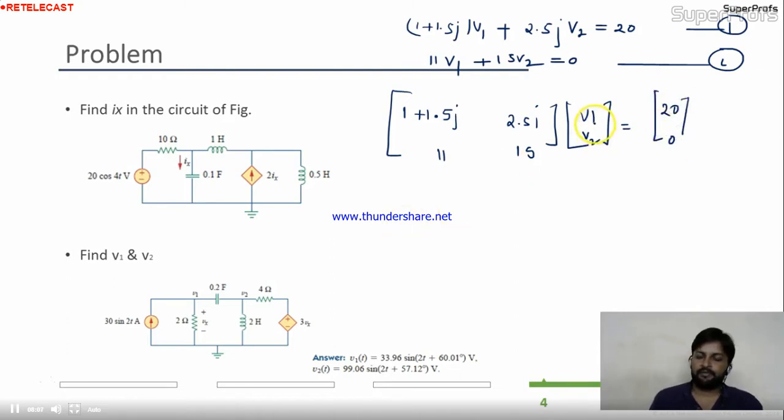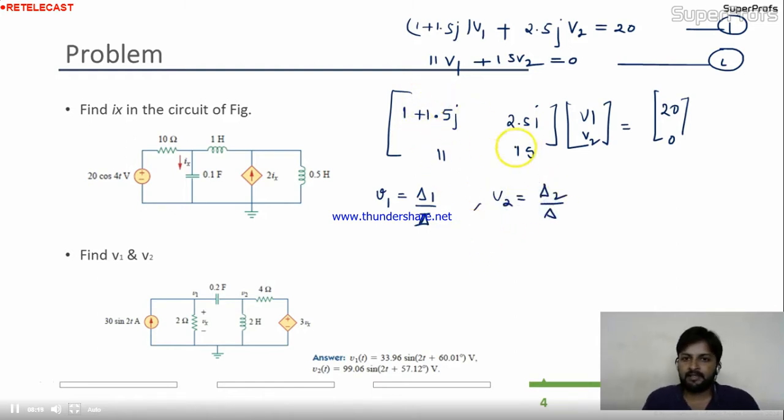Now, if you find the value of V1, it will be del 1 by del. Value of V2 will be del 2 by del. Where what is del? Del is nothing but the determinant of this.